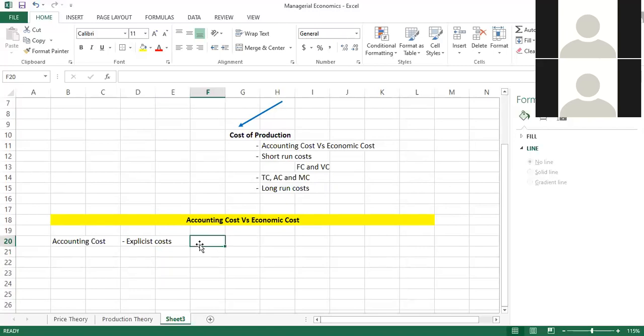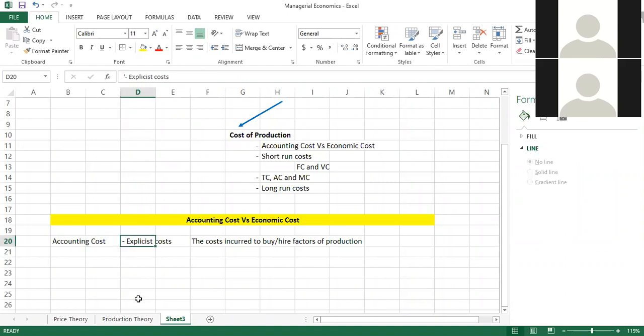Any organization incurs cost to buy or hire these factors of production when they are producing a product. So this actual cost we call explicit cost.